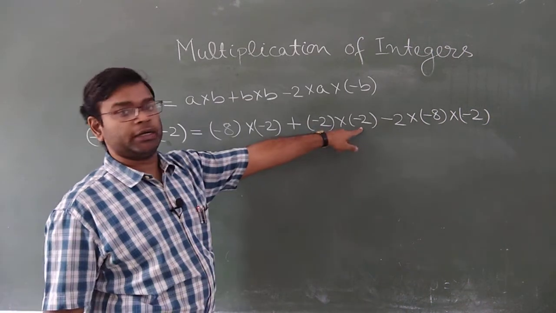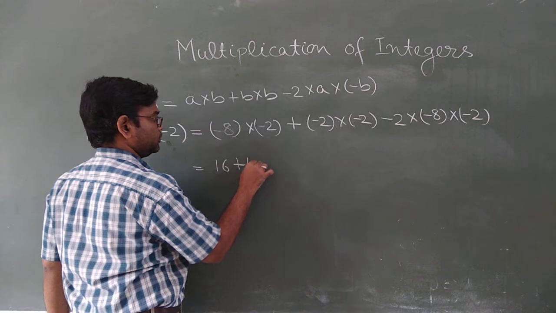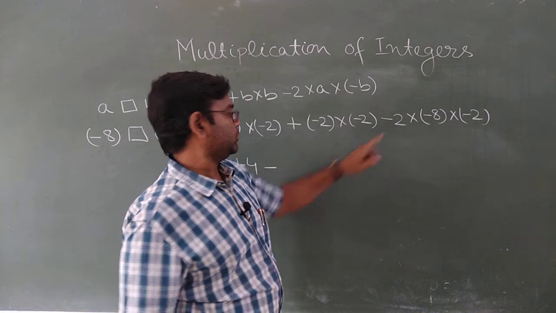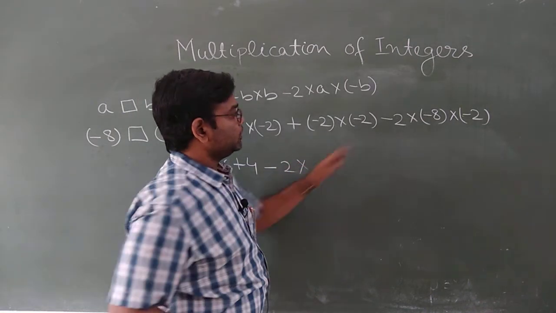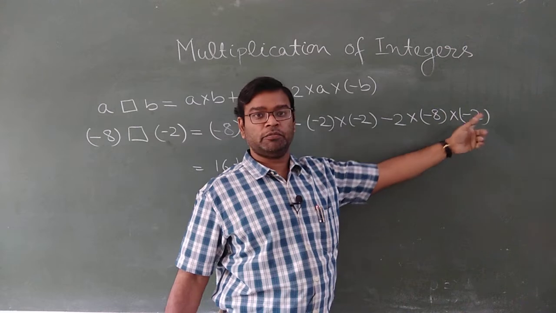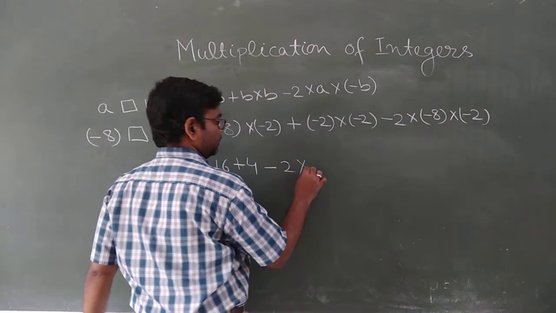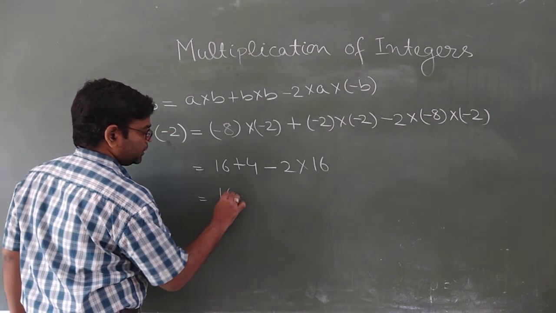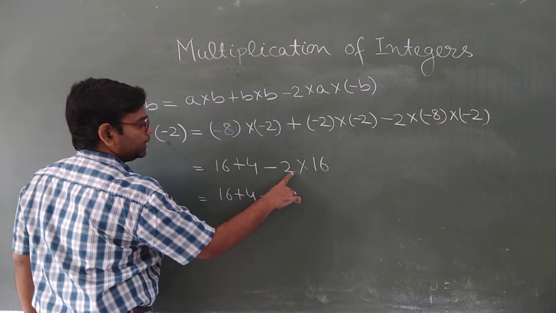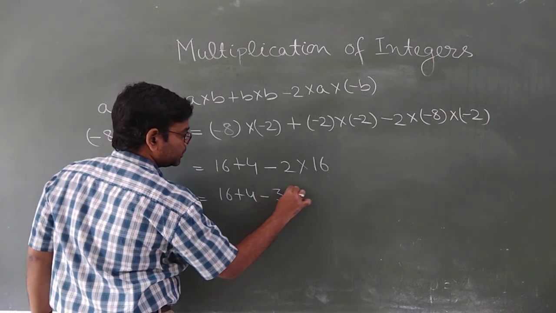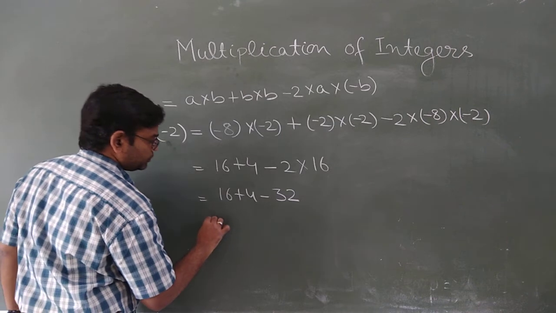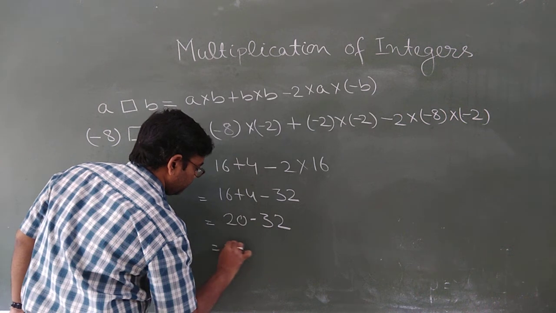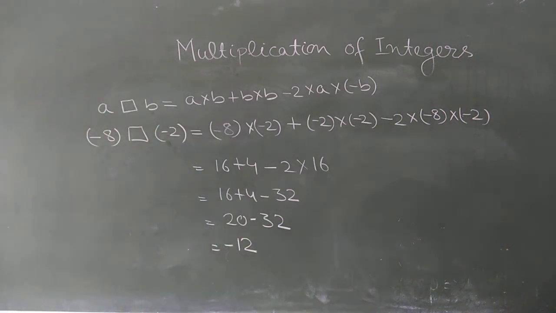Minus 2 into minus 2, it's plus 4. See the second part, minus 8 into minus 2, it's plus 16. So minus 2 into 16, it's minus 32. Now 16 plus 4, it's 20, minus 32, it's minus 12. This is your answer of this question.